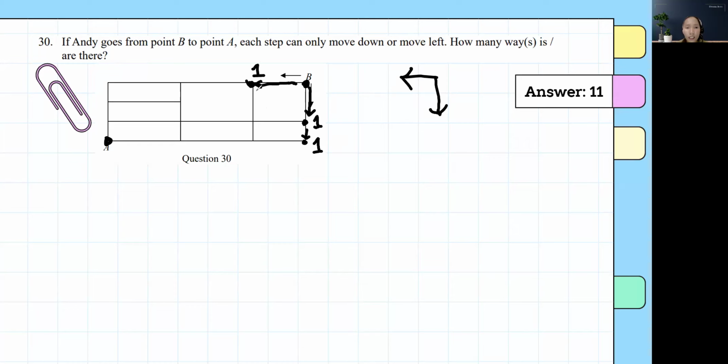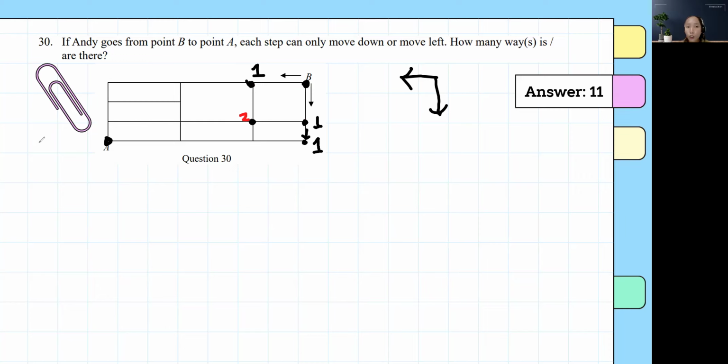This point, we can get to that point by, okay, let's check the manual way. We can have left and down, so that's already one way. Or we could do down first and then left. So there are two ways to get to this point. Let's write two ways.